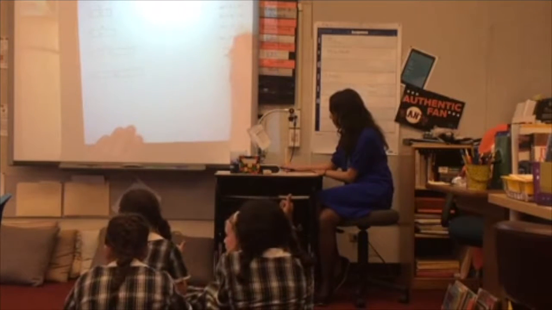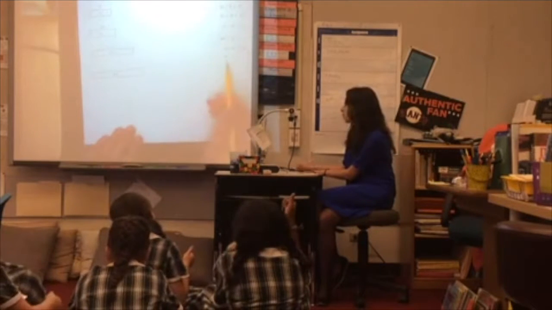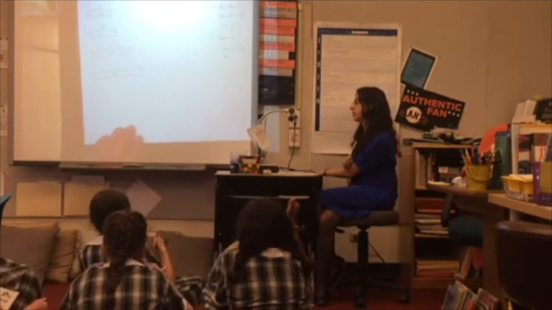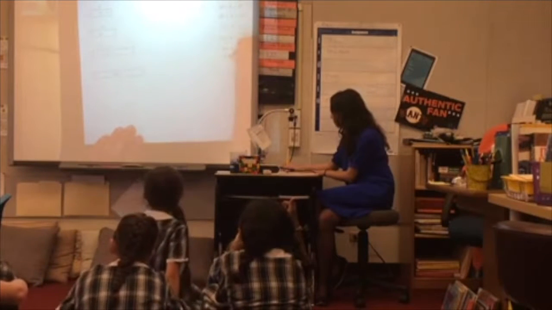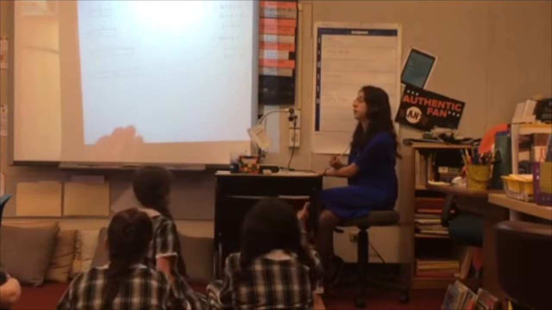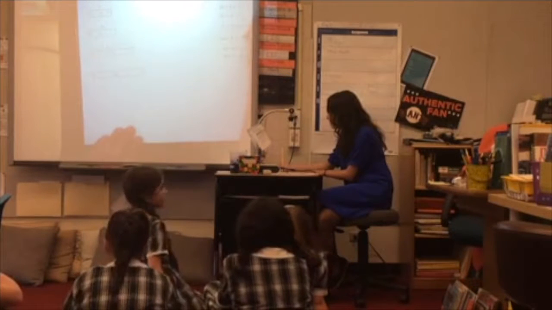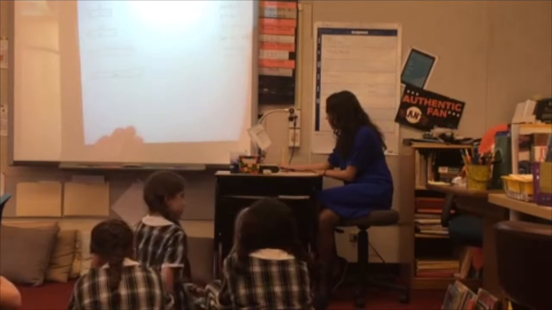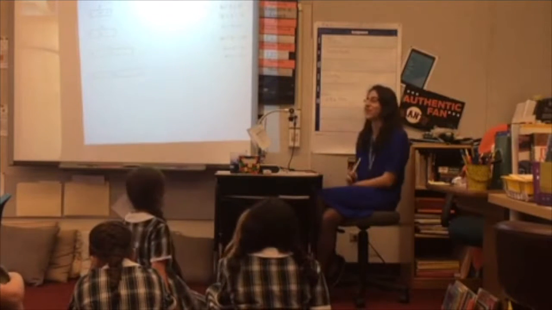So if you know 30 plus 30 is 60, what do you think I'm going to do with this 10? So I would say 60 divided by 3 is 20. I agree. I really like that you noticed we have a problem here that can help us.